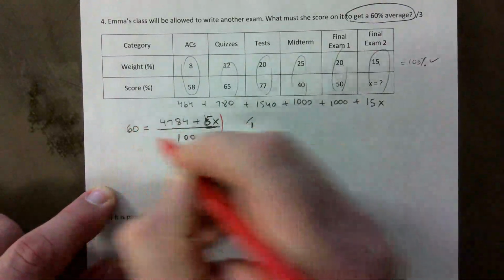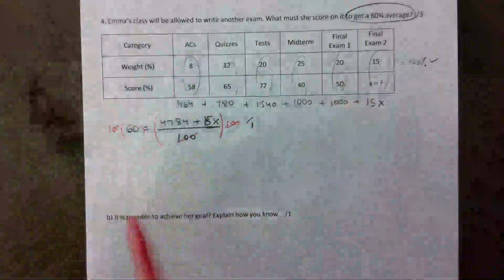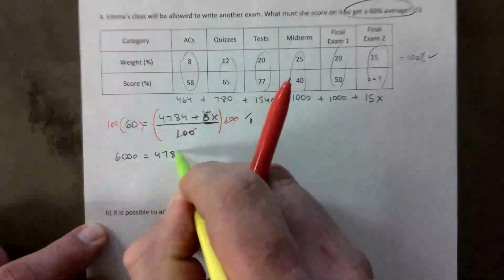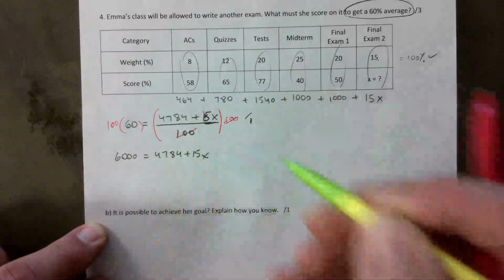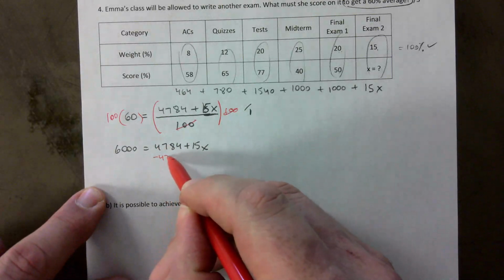Okay, so your first step would be multiplying this by 100, multiplying this by 100. And we get to cancel there. So this is 6,000 is equal to 4784 plus 15x. And now we subtract. We take away this number.